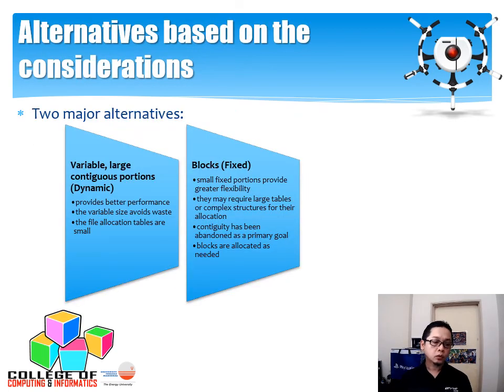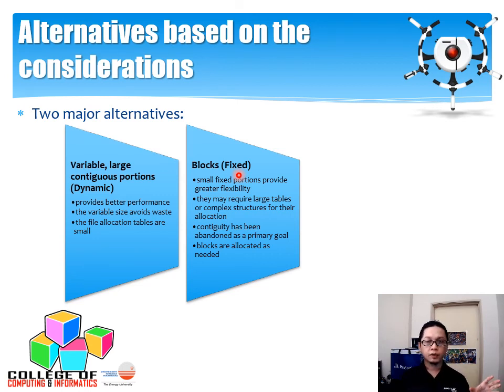So from that, two major alternatives are being considered. First of all, whether to have a variable large contiguous portion, or dynamic allocation but in a continuous form, which is given according to the needs of the file, or you can have a fixed block size, which is, let's say, 8 megabytes for file A and 8 megabytes also for file B, for example, given according to the pre-allocation policy based on the estimated needs that the file will perhaps have.